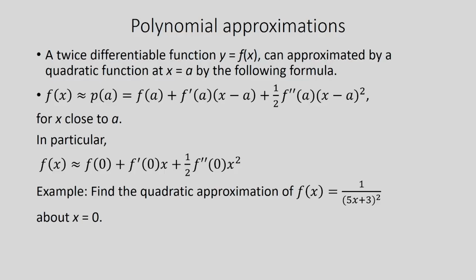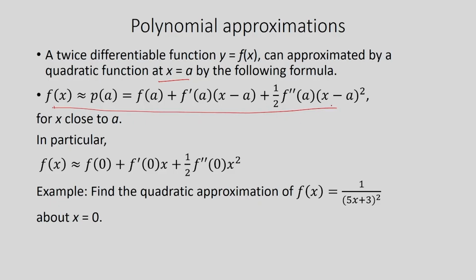Then it can be approximated by a quadratic function at x is equal to a by the following formula, right. So, here instead of a linear function, we are approximating a particular function, but now the approximated function will be a quadratic function, that is a polynomial of degree 2. So, this is how we are writing it.